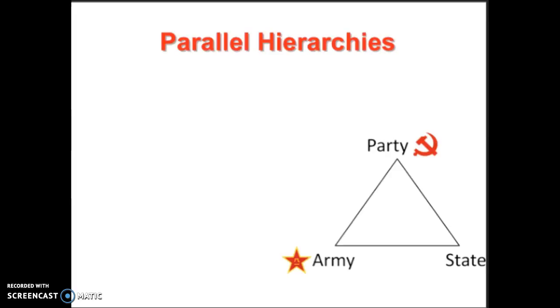Okay, parallel hierarchies. It is important to realize that the government structure within China is the Chinese Communist Party, the actual state or the government, which is like the National People's Congress, and then the army or the PLA.